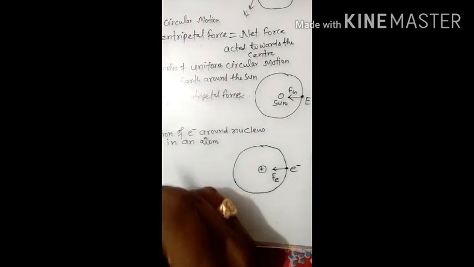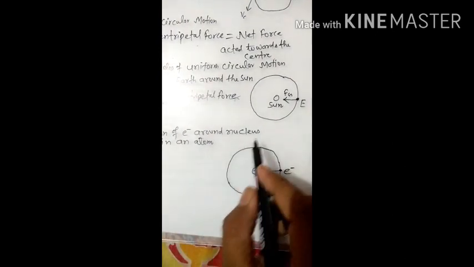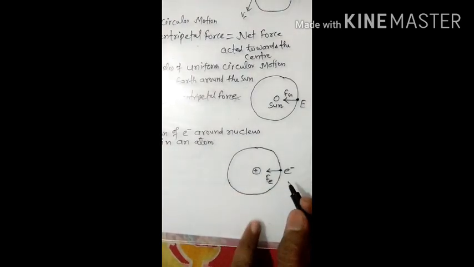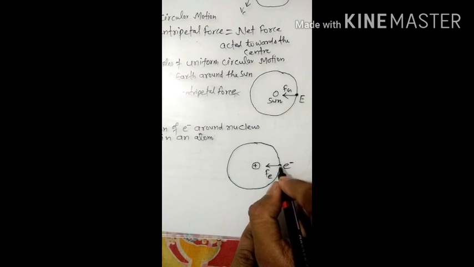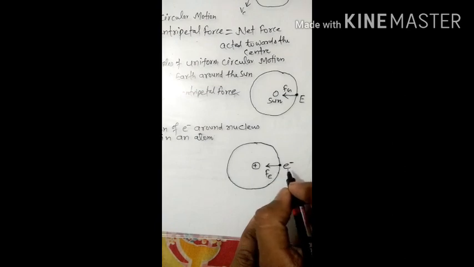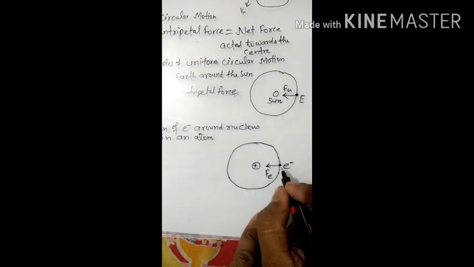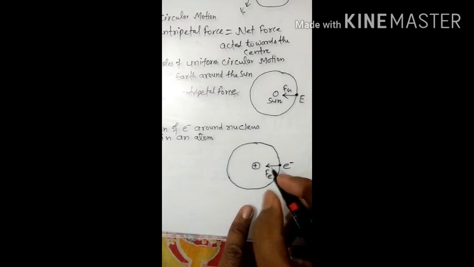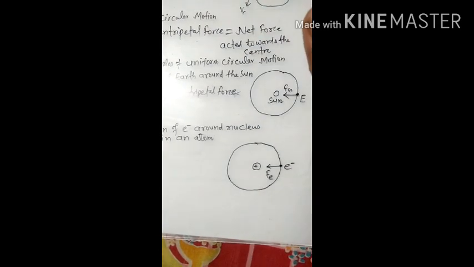Here is the next example: the motion of an electron around the nucleus in an atom. This is the diagram. This represents the location of the electron, and this circle represents the path of motion of the electron. As we know, electron and proton always attract each other.